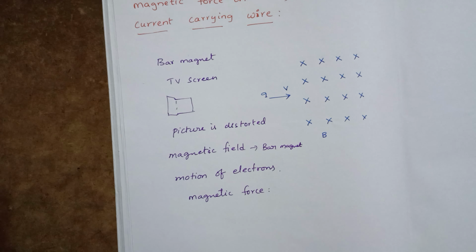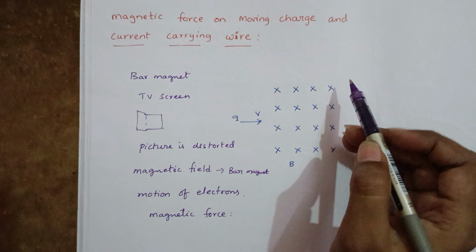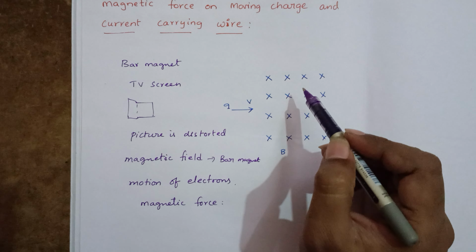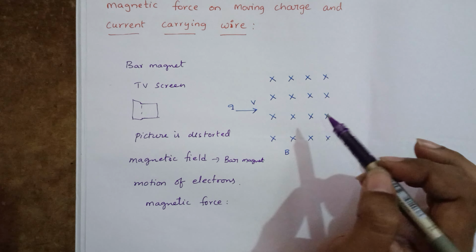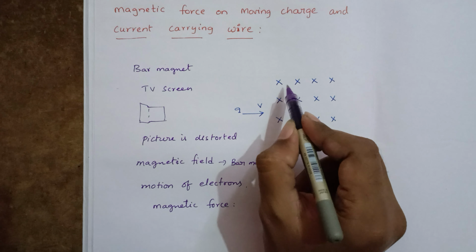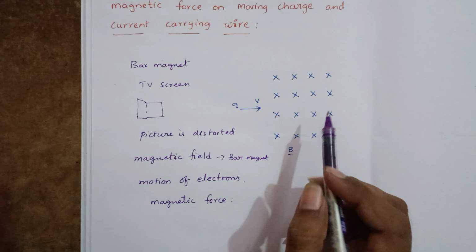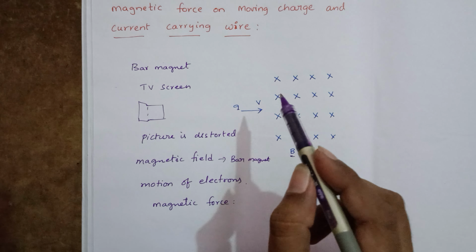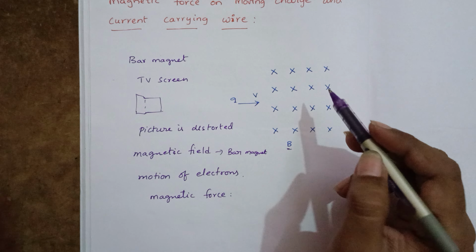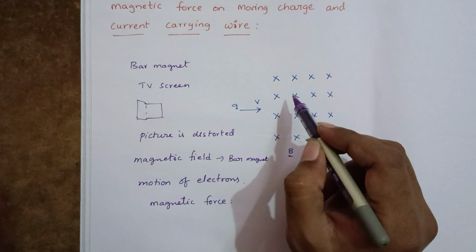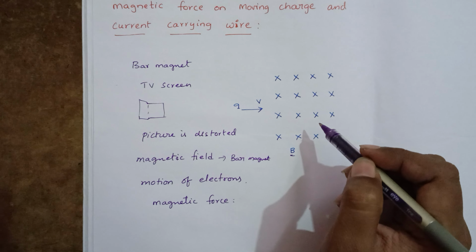Now we can see that force here. These are the magnetic field lines produced by a magnet. As I already told you, the cross symbol indicates field lines going inside, into the page.